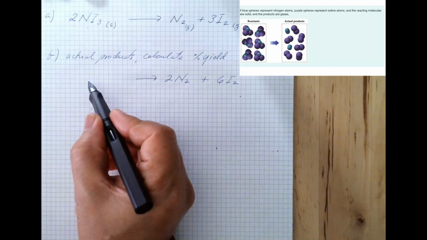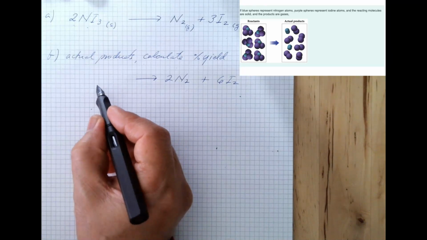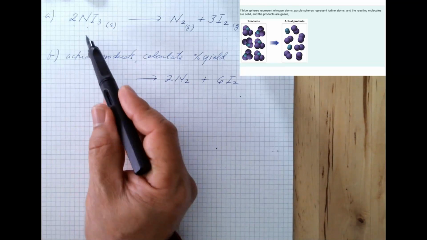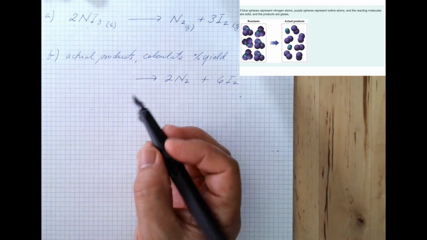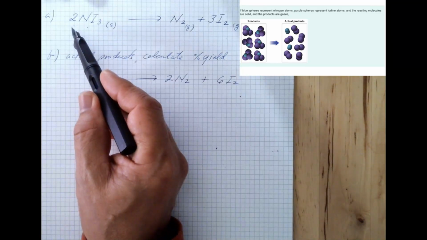Now, here's where the problem gets a little confusing as far as what answer you would expect. Since we are not given the amount of reactant, the reactant has to be the limiting reagent, since the balanced equation produces only 1 N2 for every 2 NI3s.